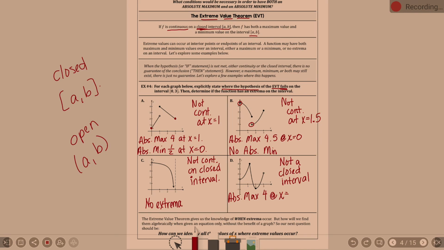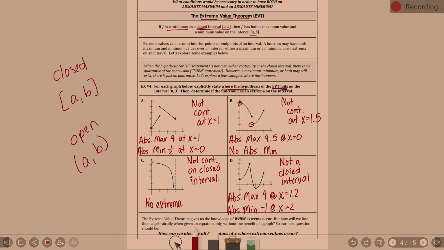Yeah, 1.1, 1.25. Are we in the ballpark? I just put 1, which is wrong, but I don't care. And did you say absolute min? Yes, negative 1 at x equals 2.